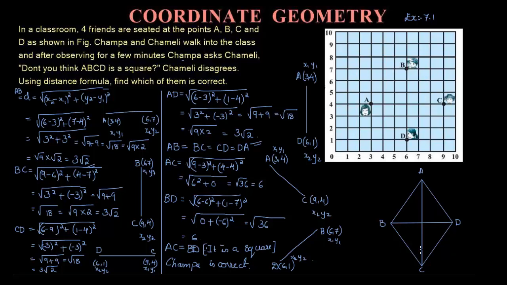So because of that reason, till here it will be same for both. So we need to specify whether Champa is correct or Chameli. So if Champa is correct, it should be a square, so the diagonals should also be equal. But if you are getting different diagonals, then Chameli would have been correct, right? So because of that, we are finding the diagonals as well to check whether it is a square or not.